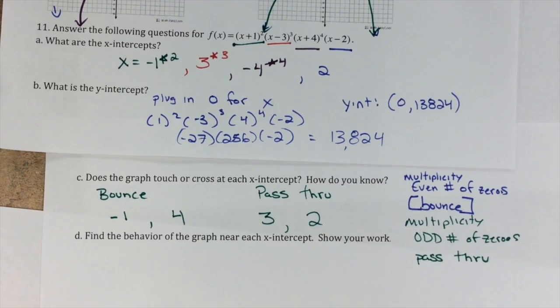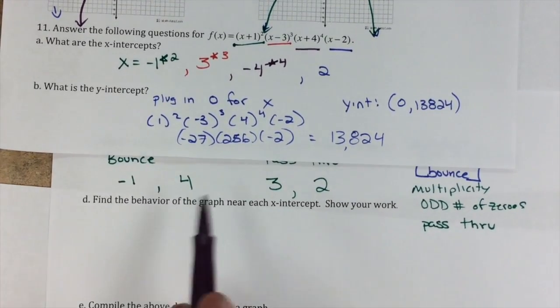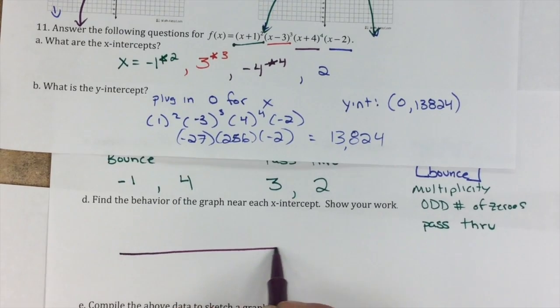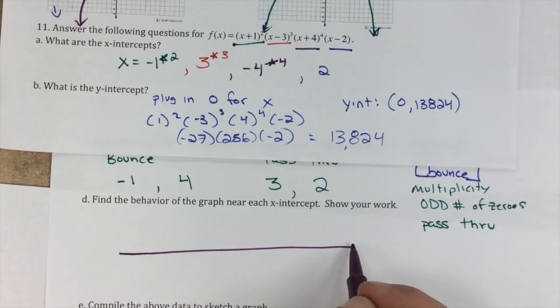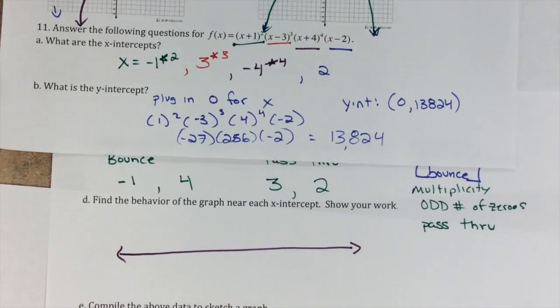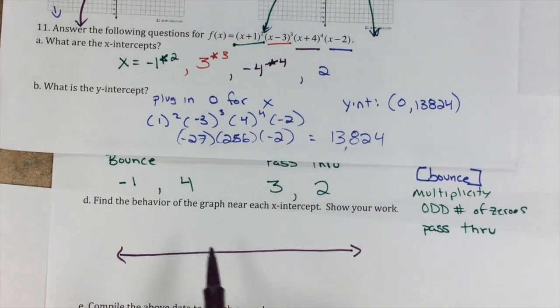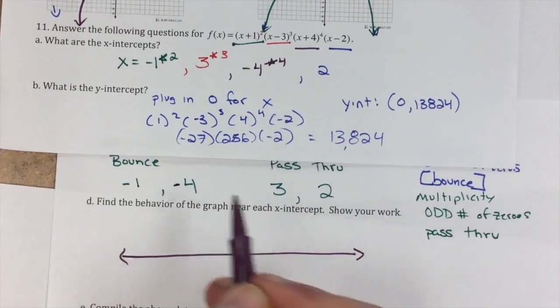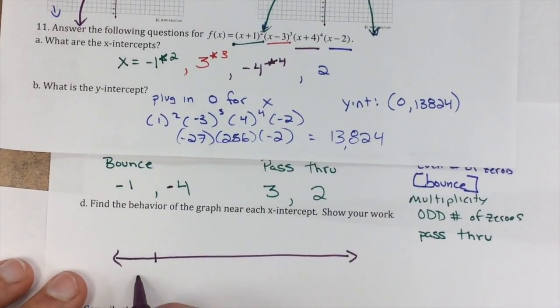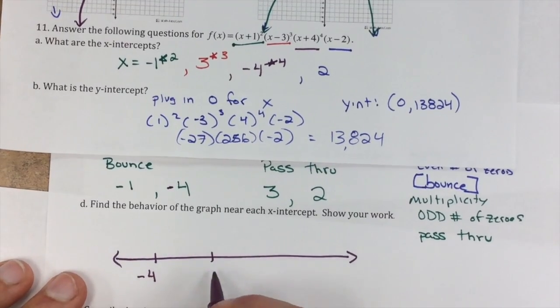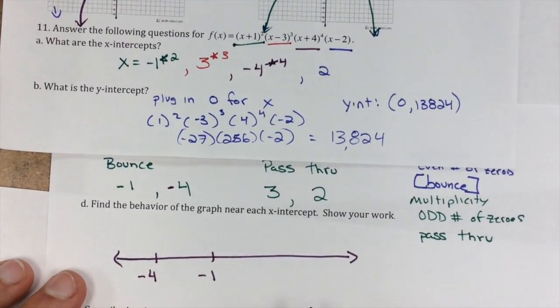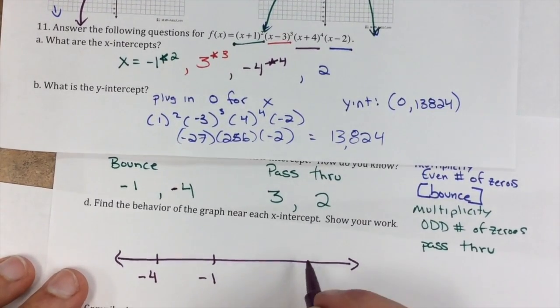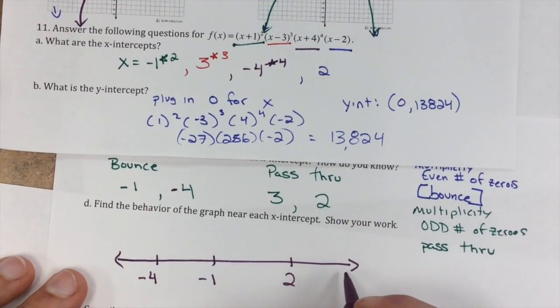So the next bit, which we kind of figure out intuitively from the graph, is find the behavior near each x-intercept. So we make a number line, and we put down our zeros. The furthest one is negative 4. Then we go negative 1. Then we go to 2. Then we go to 3.